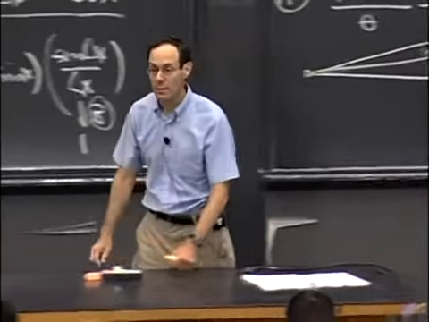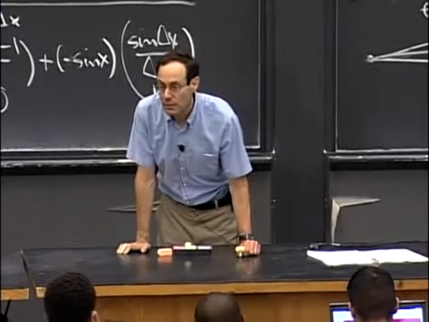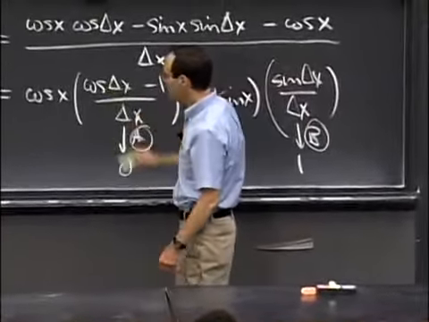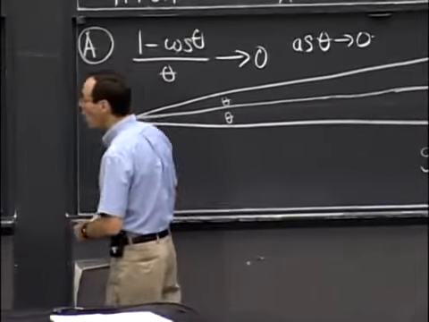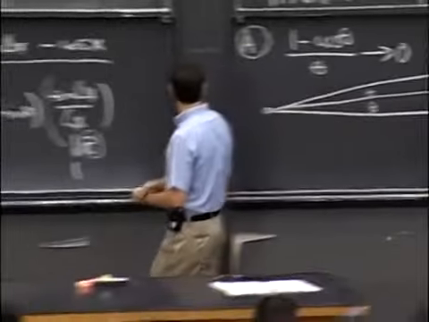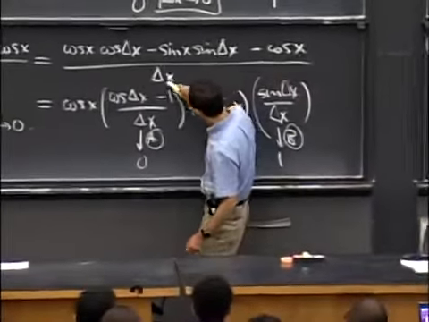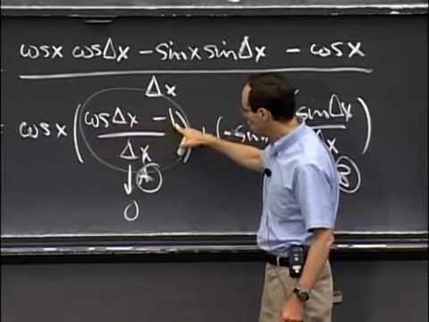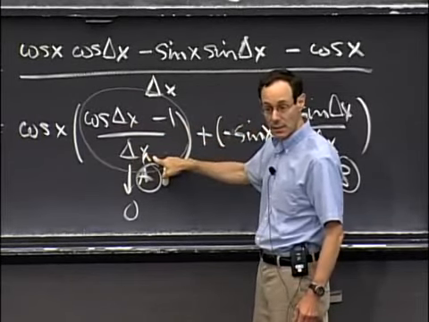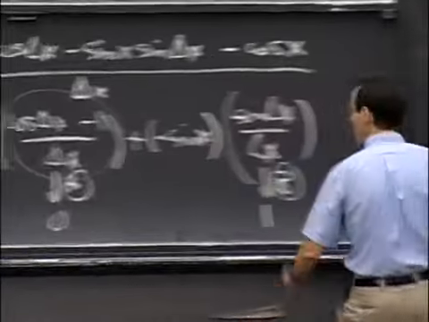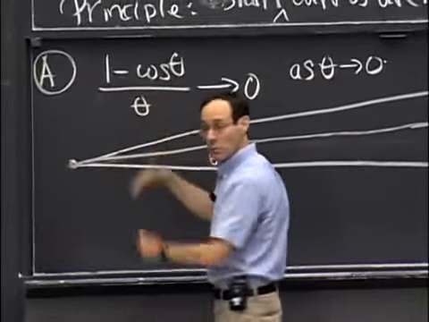Is cos theta minus 1 over theta the same as 1 minus cos theta over theta? The equation that you wrote beside here, right here. So here, what I wrote is cosine delta x minus 1 divided by delta x. Okay? And I claim that it goes to 0. Here, I wrote the minus of that.